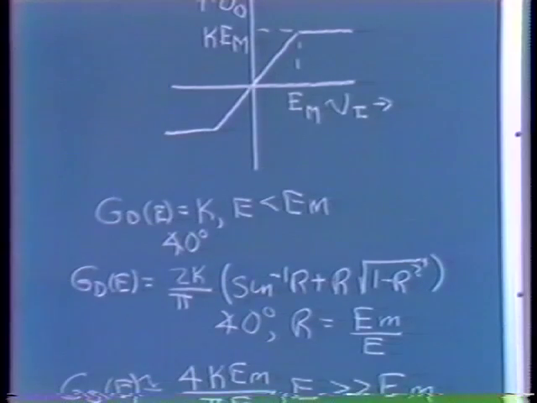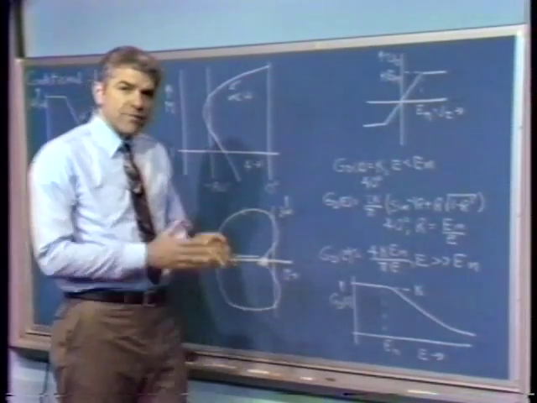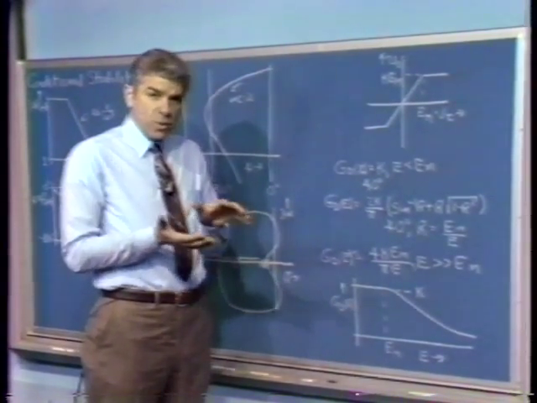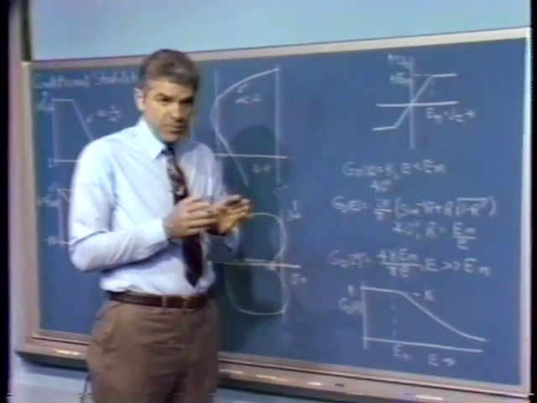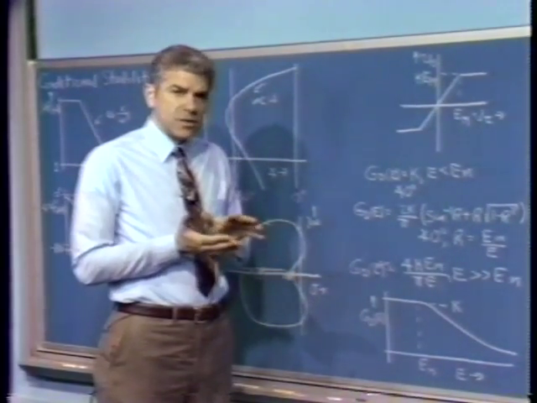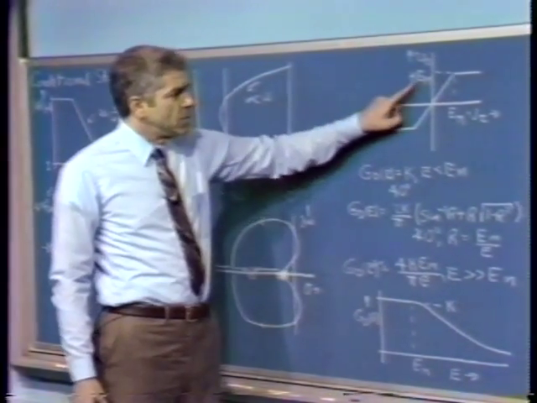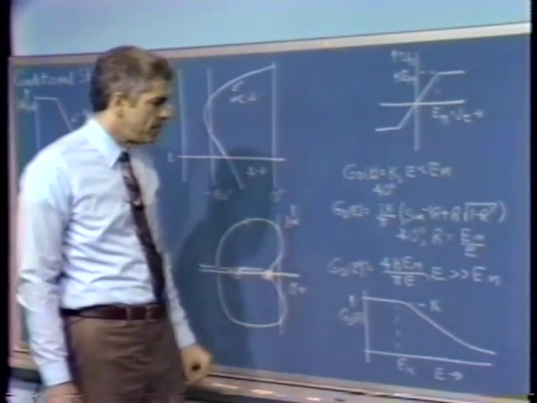We can also look at what happens for very, very large input voltages. Under those conditions, the output is very, very nearly a square wave. The large input test signal sweeps the nonlinearity through its linear region over a very small fractional range of input voltages. The output is almost a square wave. The amplitude of the output square wave would be k times E sub m.